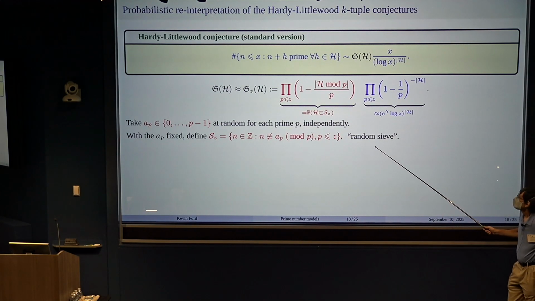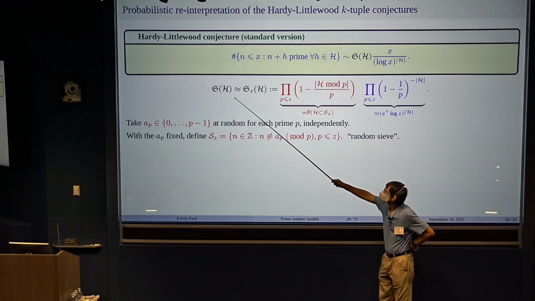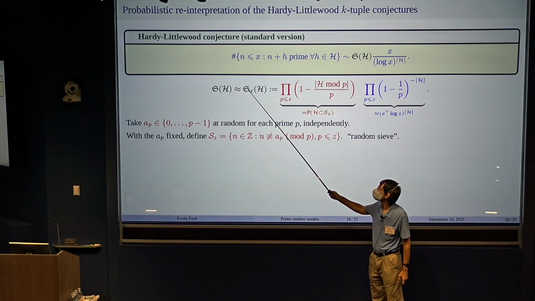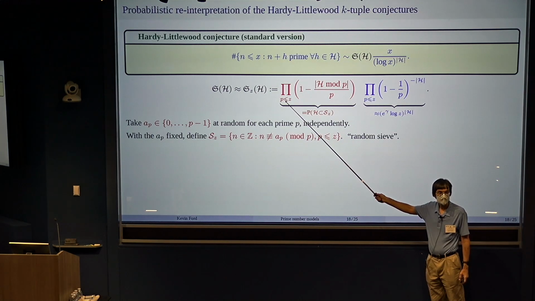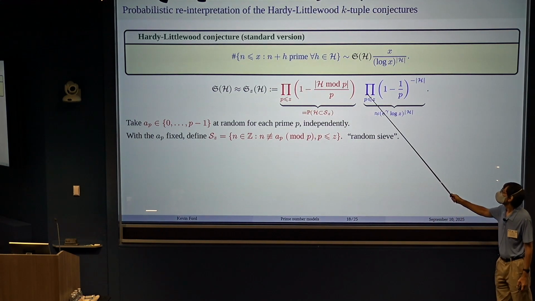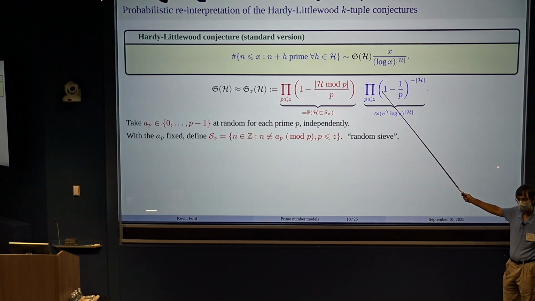The product here is over all primes, but it converges very rapidly. So if I take a large number z and truncate it at the primes up to z, it's a very good approximation. Now I have a finite product over here. This I can handle with Mertens.